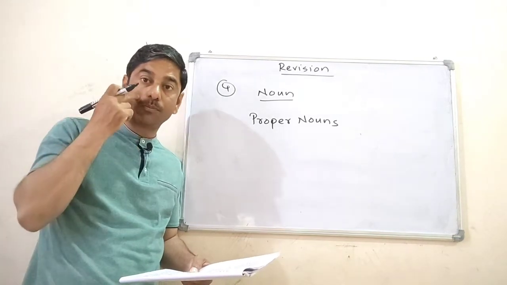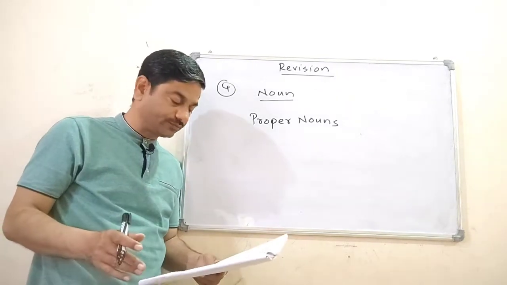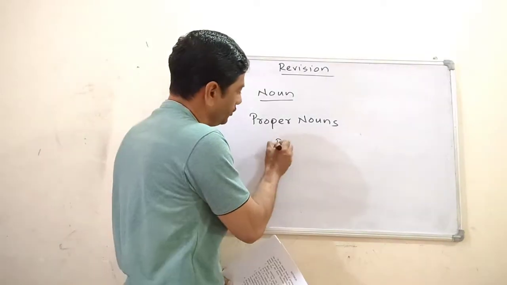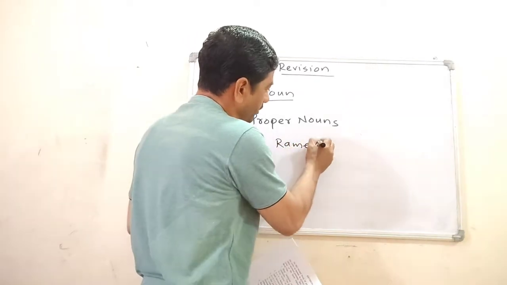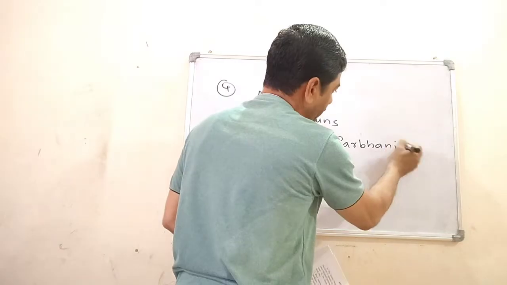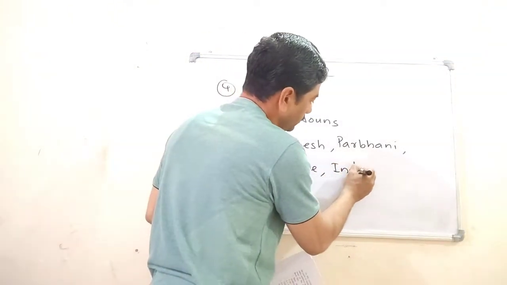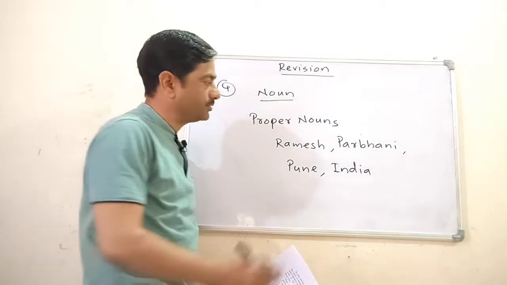Wherever we write a proper noun, it should begin with a capital letter. See, Ramesh, Parbhani, Pune, India. All these are examples of proper nouns.